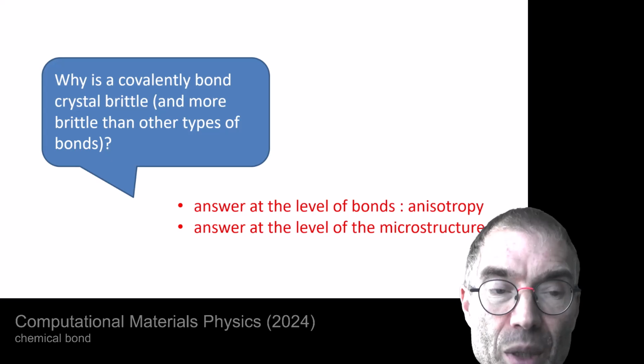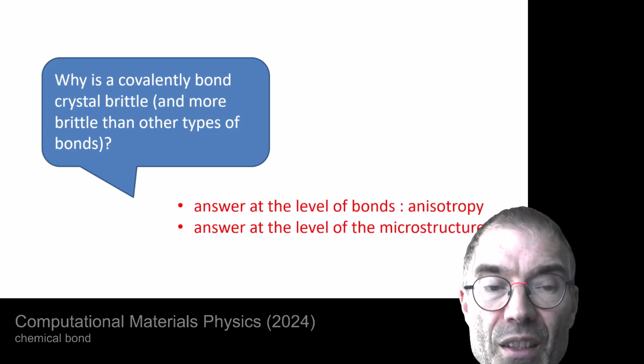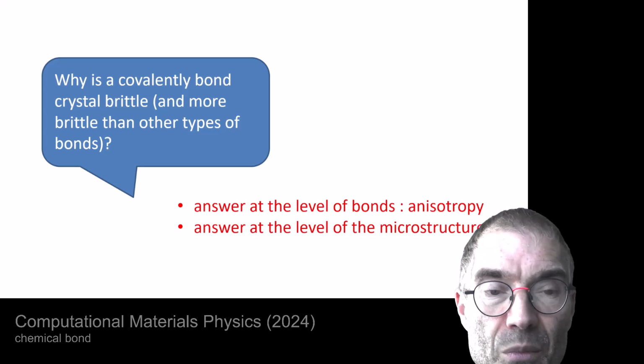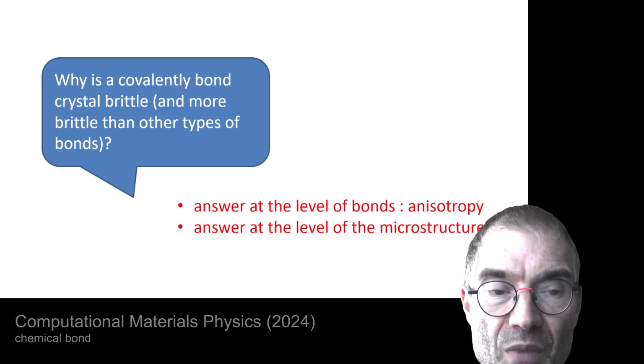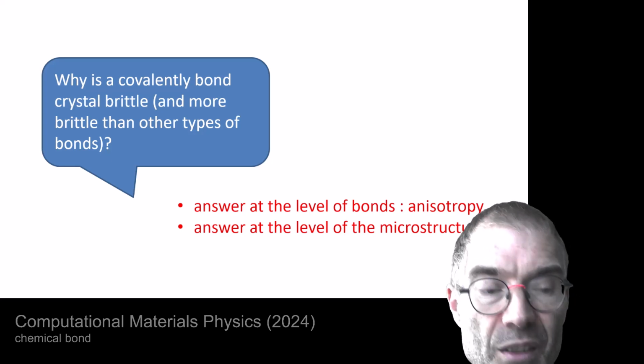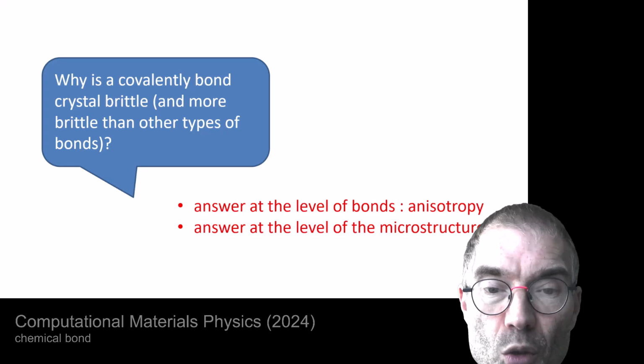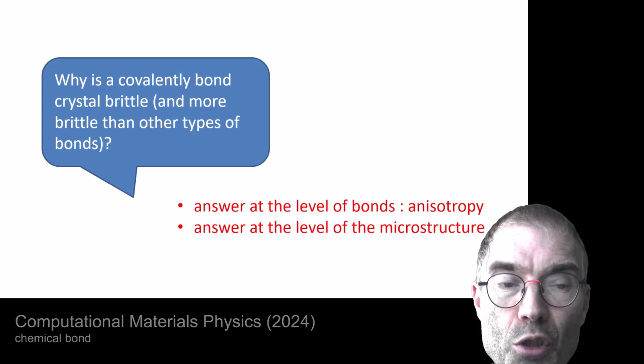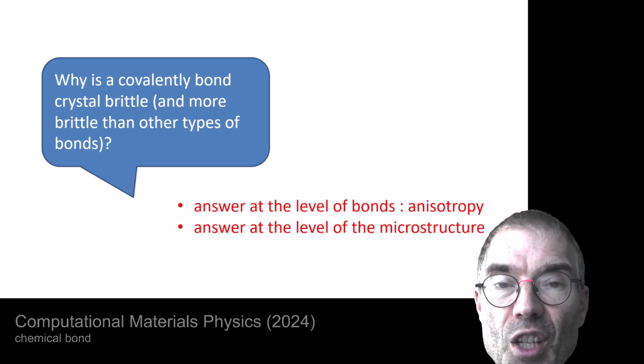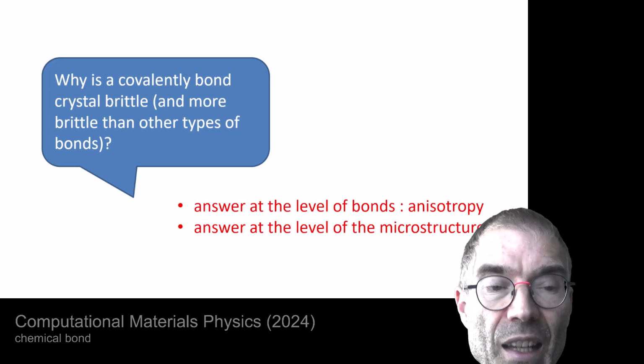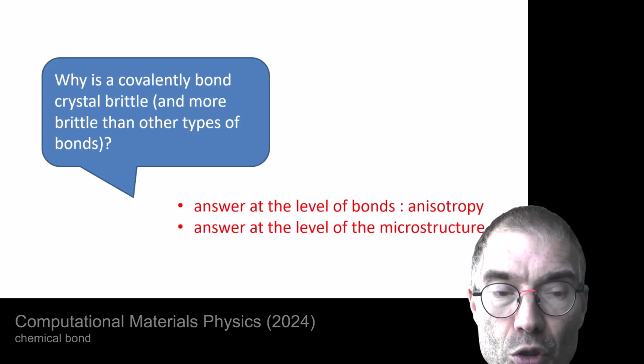So that is predicting brittleness, non-ductility, from the atomic point of view. But especially the materials scientists among you will know that ductility also depends on features that play at a higher length scale, at the microstructure.